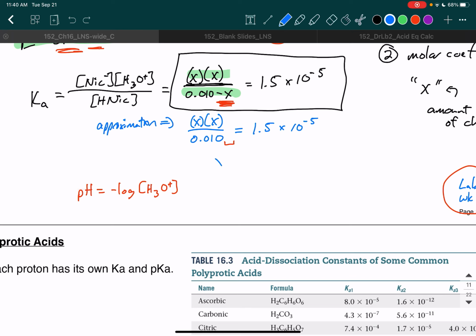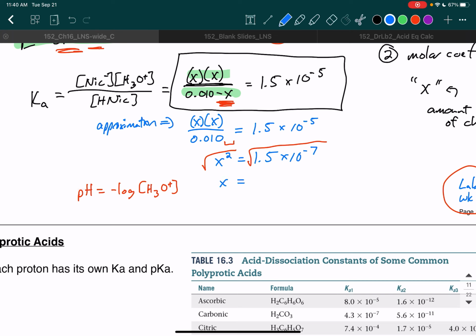If I start solving this, xx is x squared. If I multiply both sides by the 0.01 to get rid of it from beneath the expression on the left, I get 10 to the minus 7. Then I take the square root of both sides to get rid of the square.